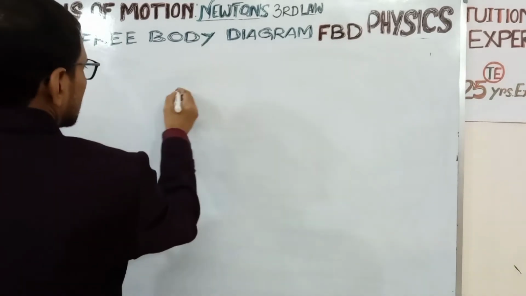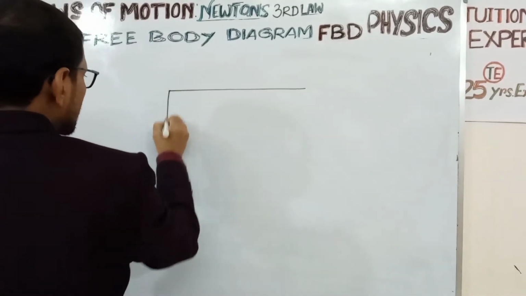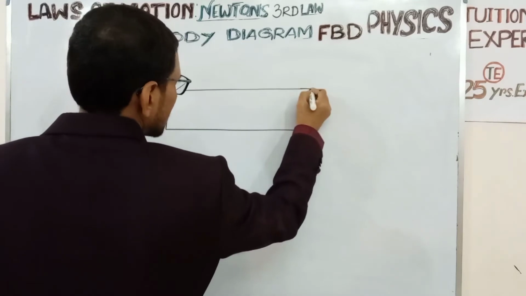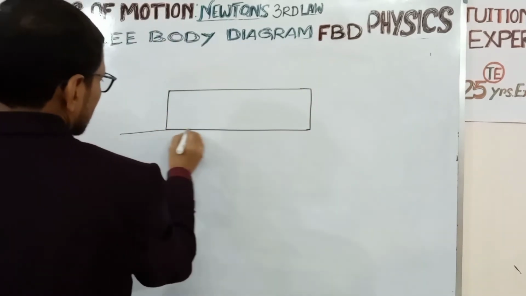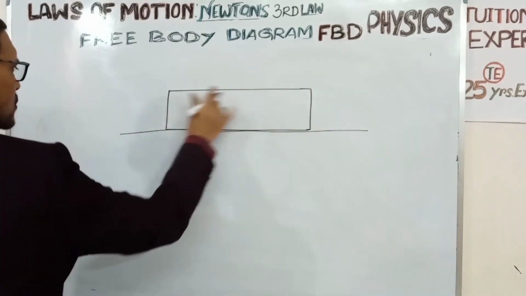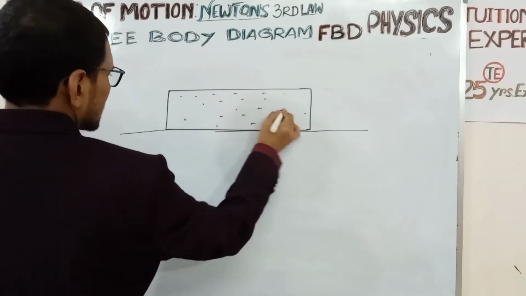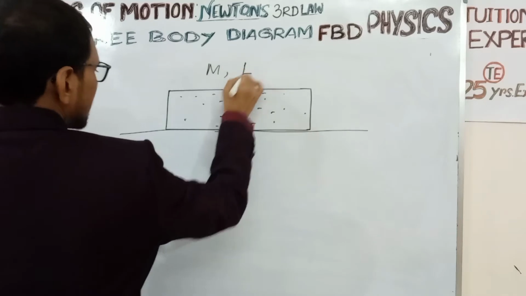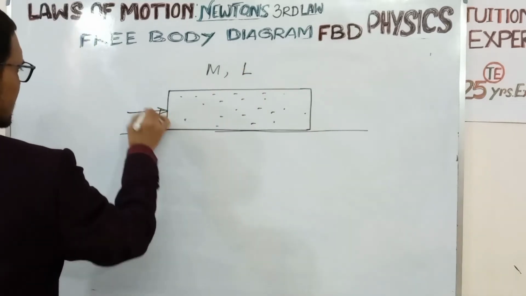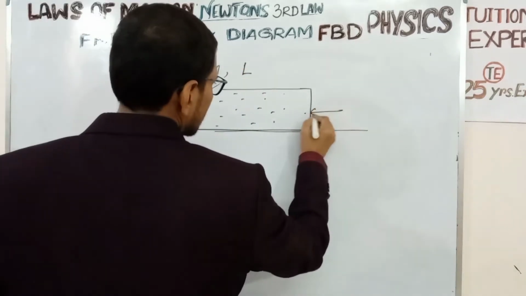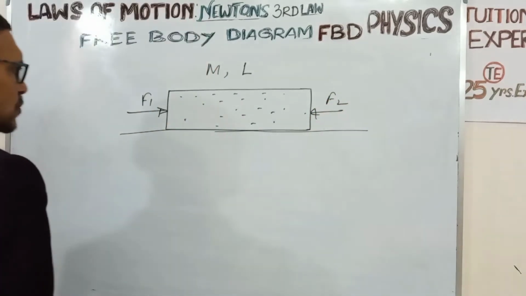Now suppose there is a continuous distributed block, a longer block, of mass m and whole length l. Two forces act from opposite ends, F1 and F2.